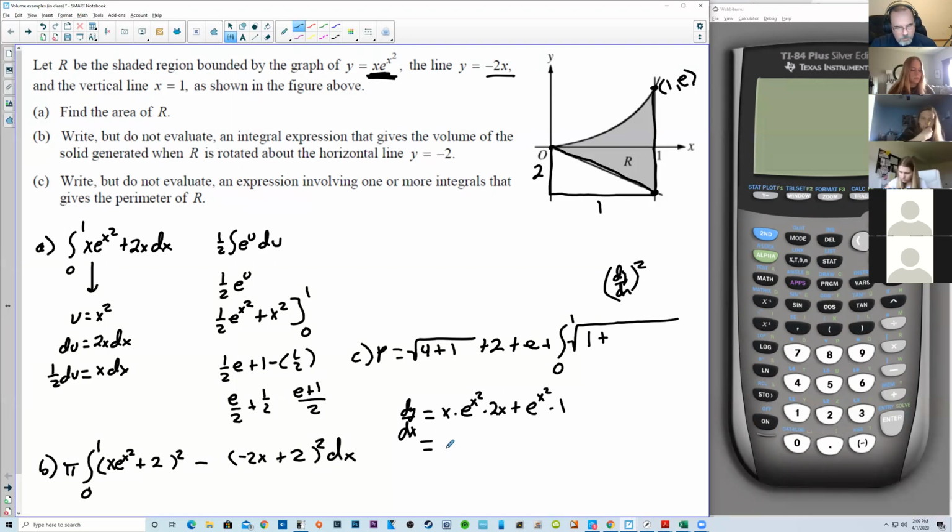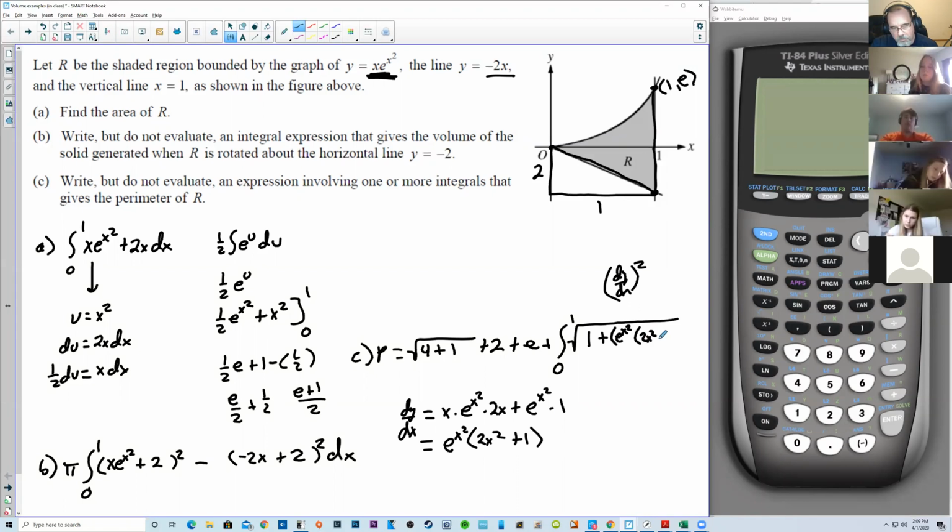So we can factor out an e to the x squared, and that's 2x squared plus 1. There's the derivative. But in here is the derivative squared. So e to the x squared, 2x squared plus 1 squared. We should probably have dx.